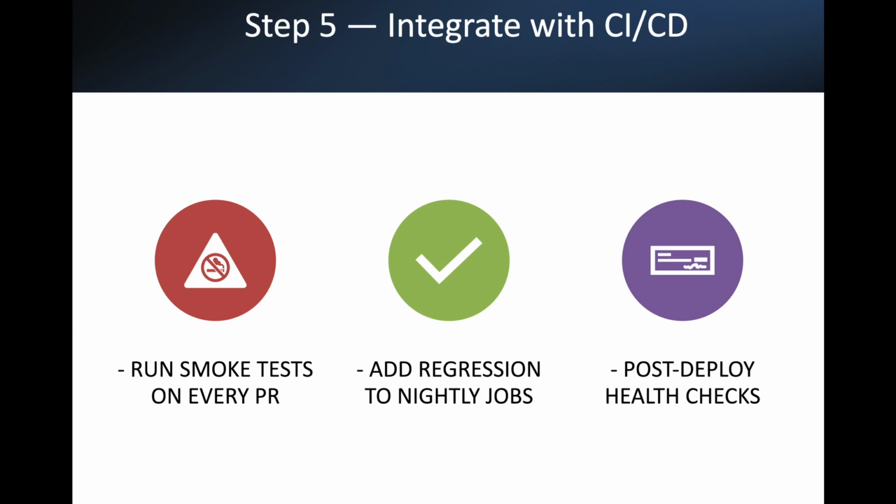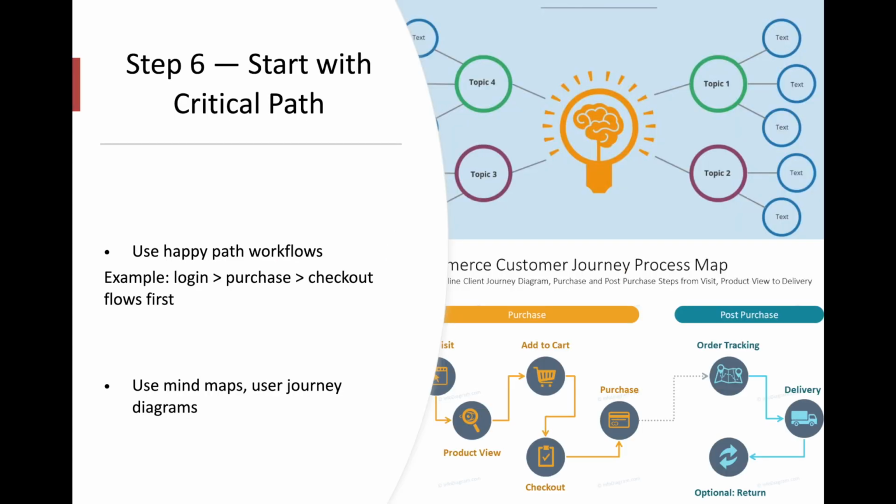Also, let's start from what to start. Okay, let's start with critical path. It's the best way. Use happy path workflows. For example, login, purchase, checkout flows first.